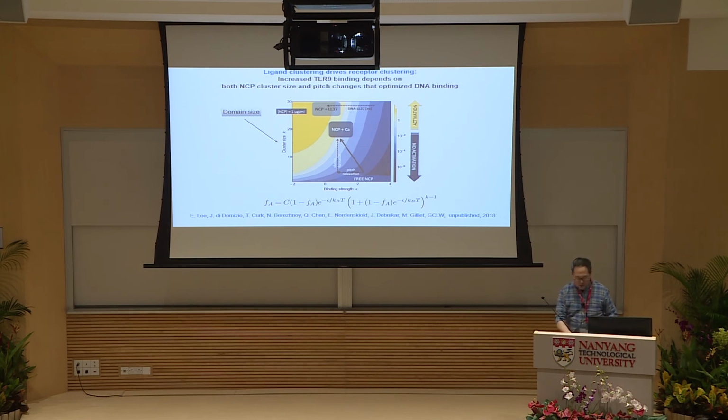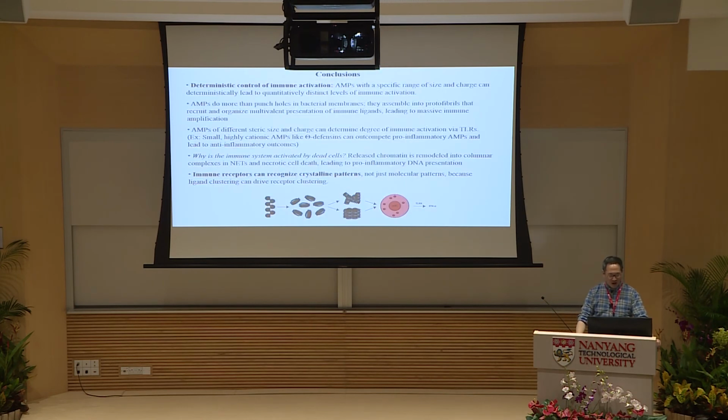So I think with this, I want to just end with some concluding comments. What we're seeing here is a kind of deterministic control of immune activation, which is a kind of holy grail for controlling the immune system. And we find that AMPs with a specific range of sizes and charge can lead to quantitatively distinct levels of immune activation.